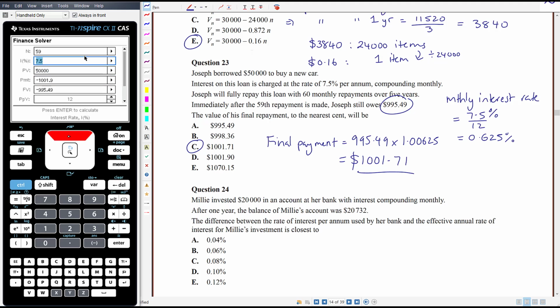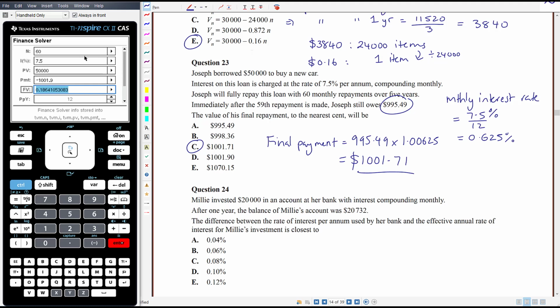Now, however, if we were to make that exact payment for 60 months, let's work out what the future value would be. So the future value would be 0.19, so 19 cents. It's positive though, so that means that we've overpaid by 19 cents.